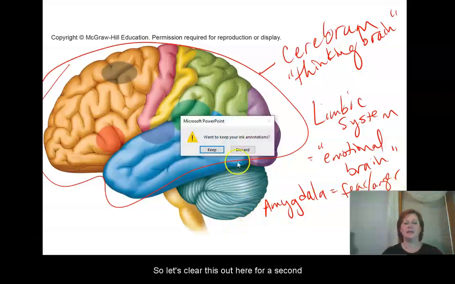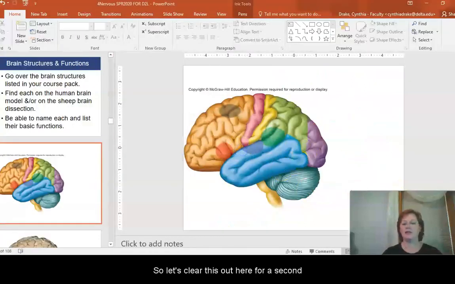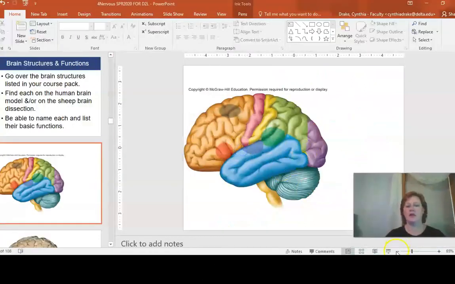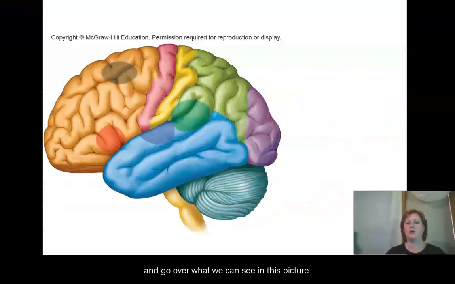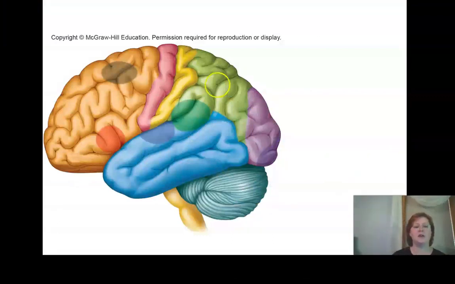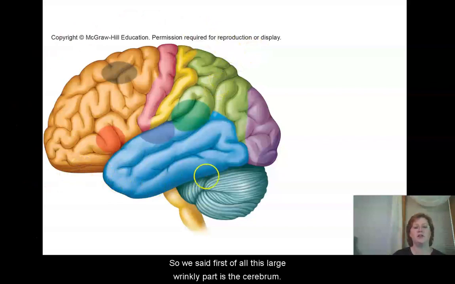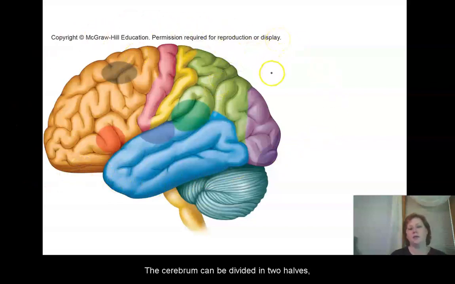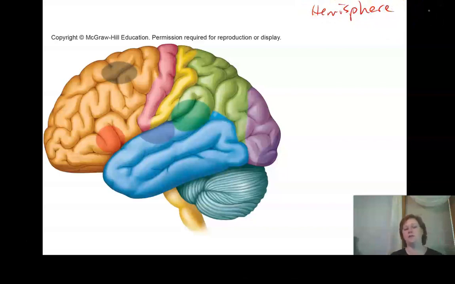So let's clear this out here for a second and go over what we can see in this picture. So we said, first of all, that this large wrinkly part is the cerebrum. The cerebrum can be divided into two halves, and we call those hemispheres. So you have a left and a right hemisphere.